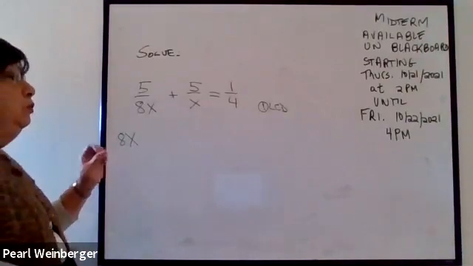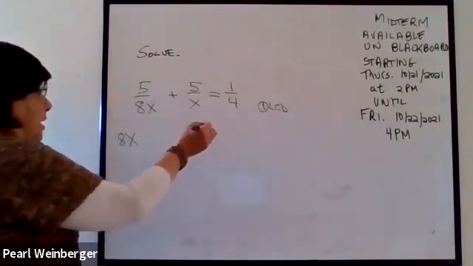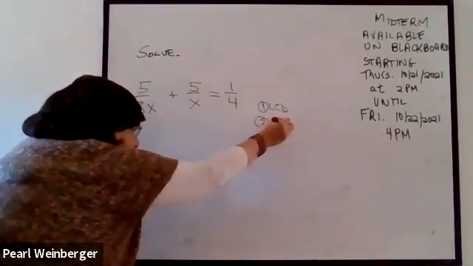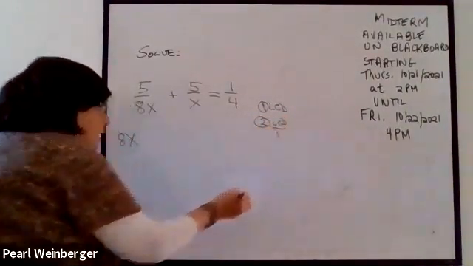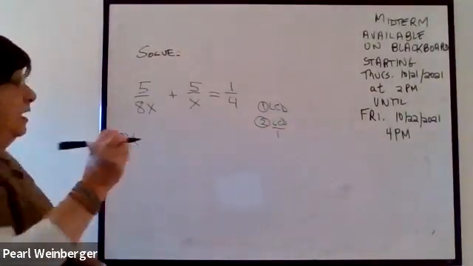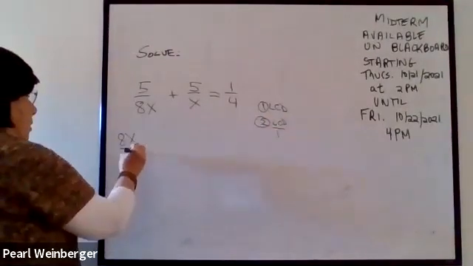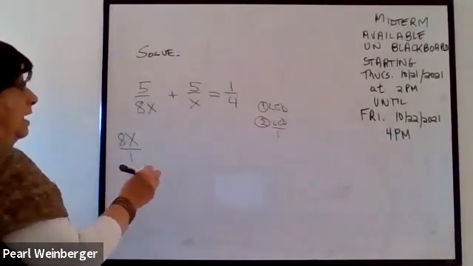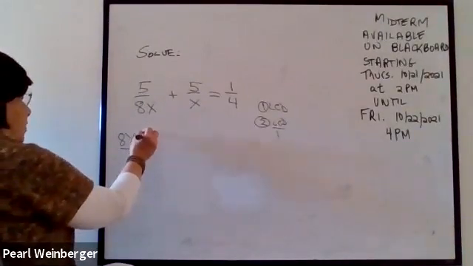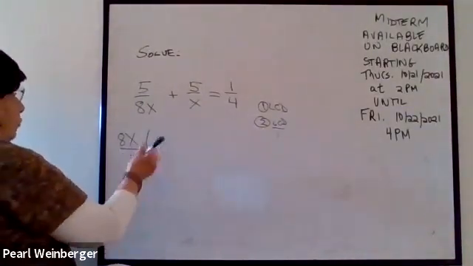But now what we do is we put that common denominator over 1, and multiply the whole equation by that common denominator. Use it as a factor. Multiply everything by the common denominator over 1.